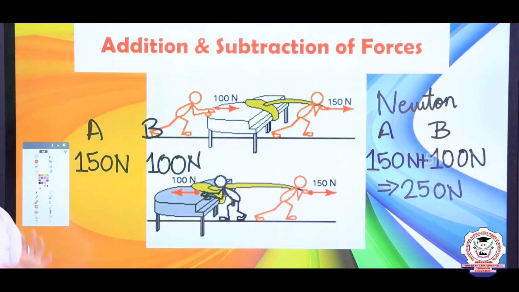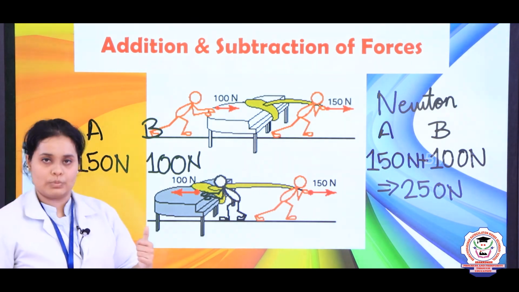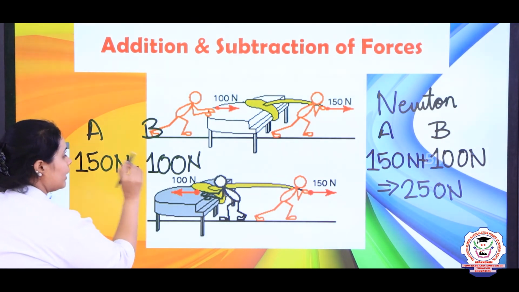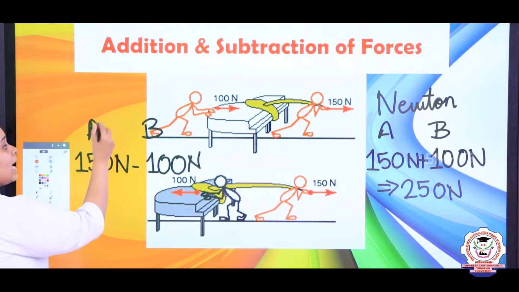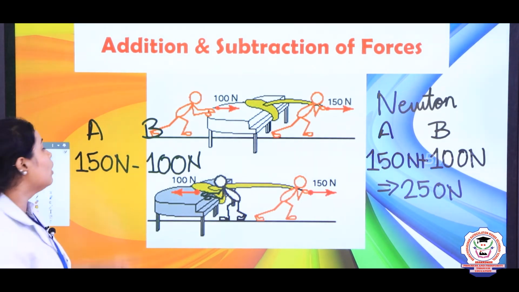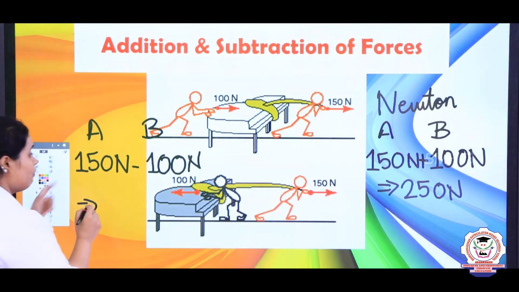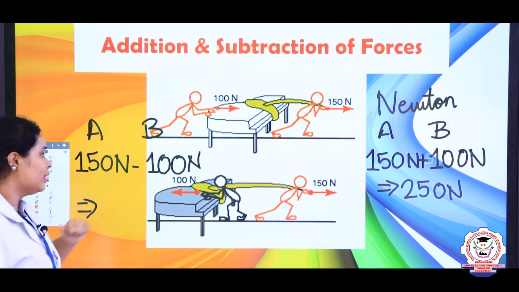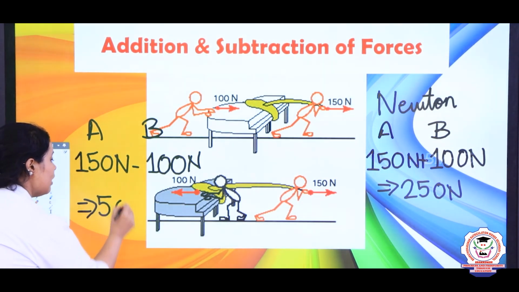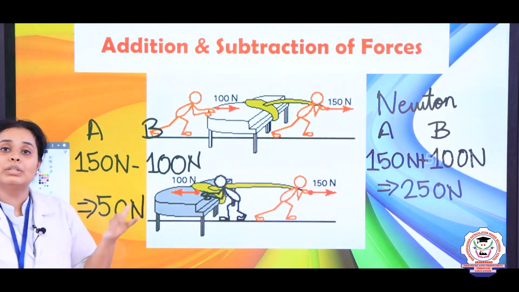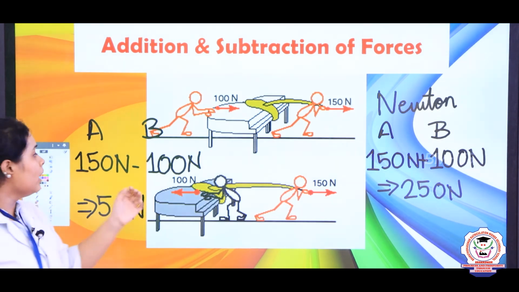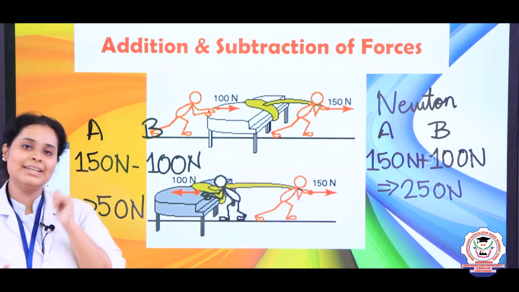See children, when they are in opposite directions, you have to cancel out. So, when you are cancelling, you write minus. So, the force applied by A and B together will be equal to 150 Newton minus 100 Newton, which will come as 50 Newton. Okay, so this is the way the subtraction or cancellation of force is done.